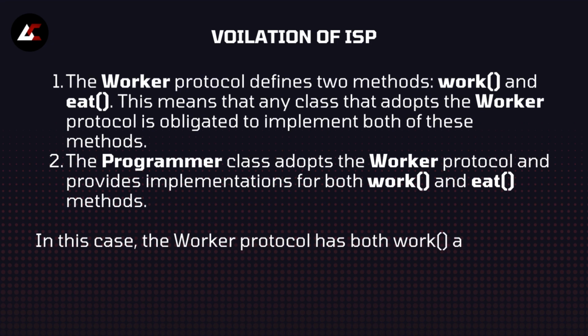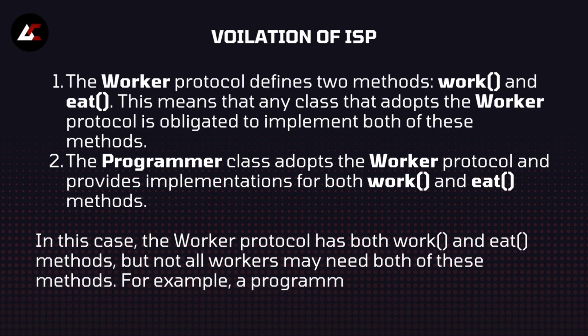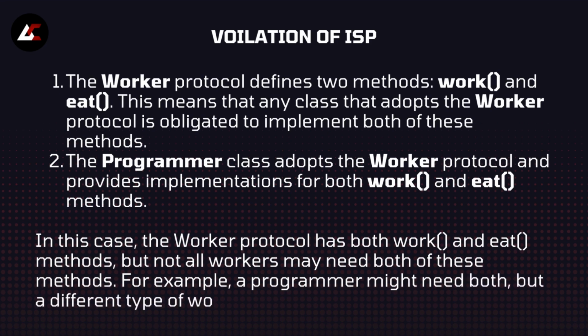In this case, the Worker protocol has both work and eat methods, but not all workers may need both of these methods. For example, a programmer might need both, but a different type of worker might not need an eat method.